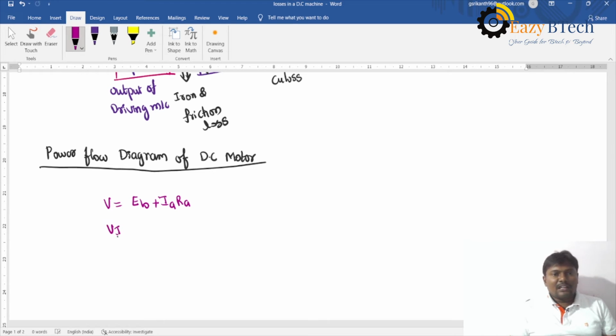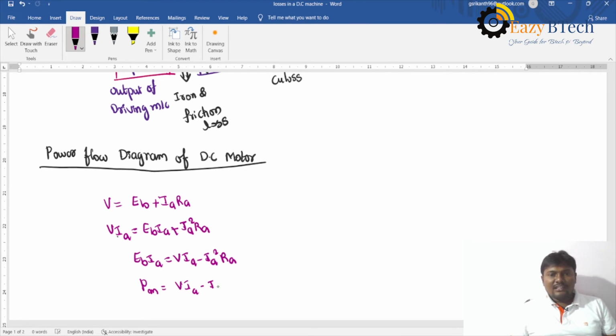If you multiply by Ia, V into Ia equals Eb into Ia plus Ia square into Ra. So Eb into Ia is equal to V Ia minus Ia square into Ra. This power is called the mechanical power which is developed.